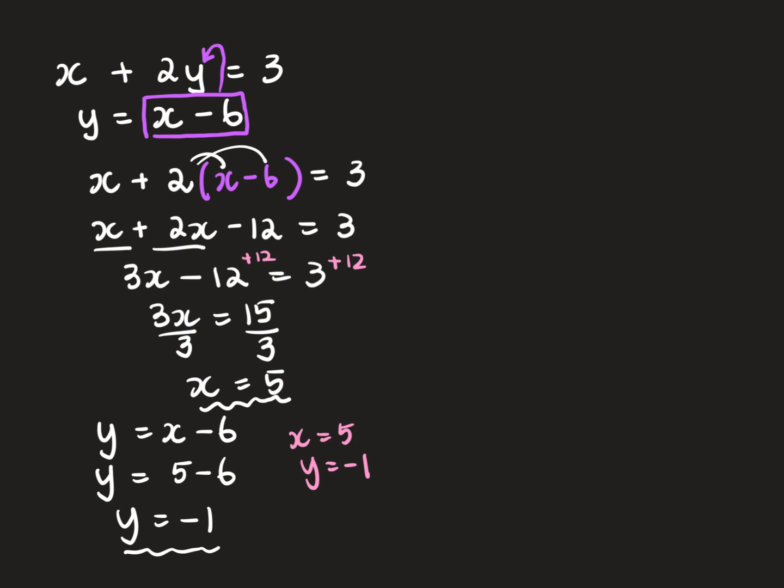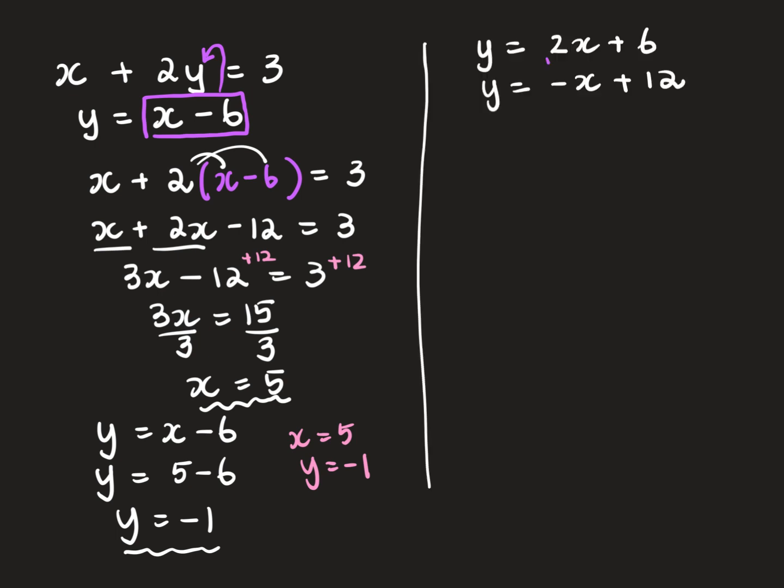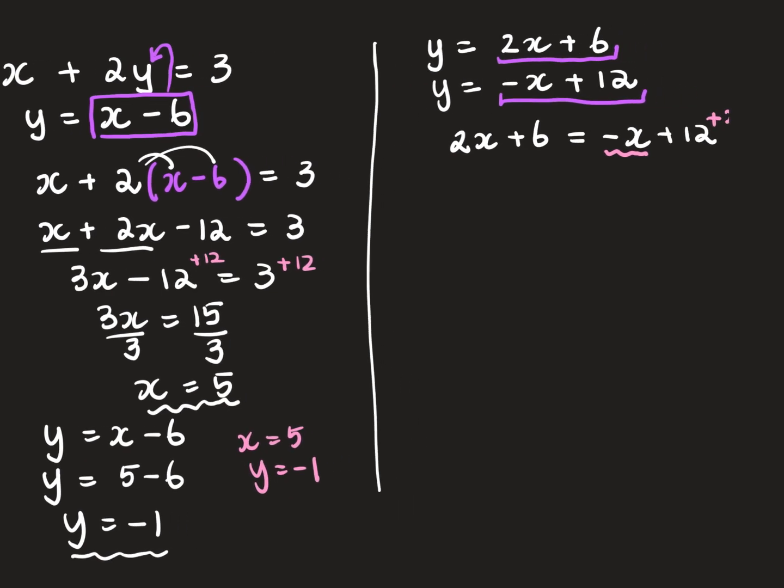Next, over here, we've got y is equal to this, and y is equal to that. So this must be equal to that. 2x plus 6 is equal to negative x plus 12. Okay, I need to get rid of these x's. How do I get rid of a minus x? I plus x.